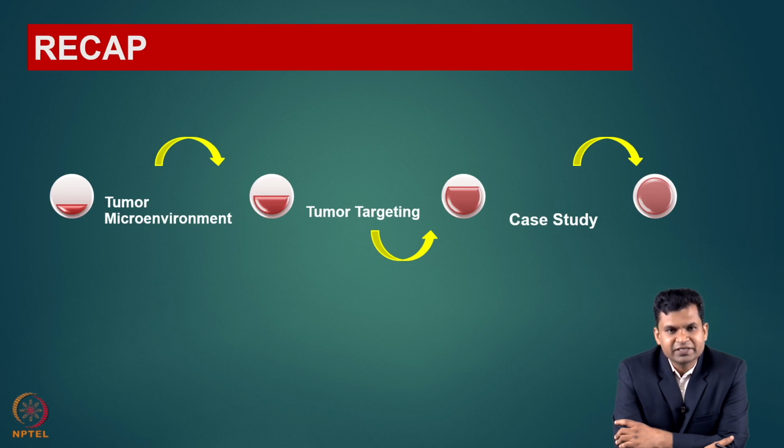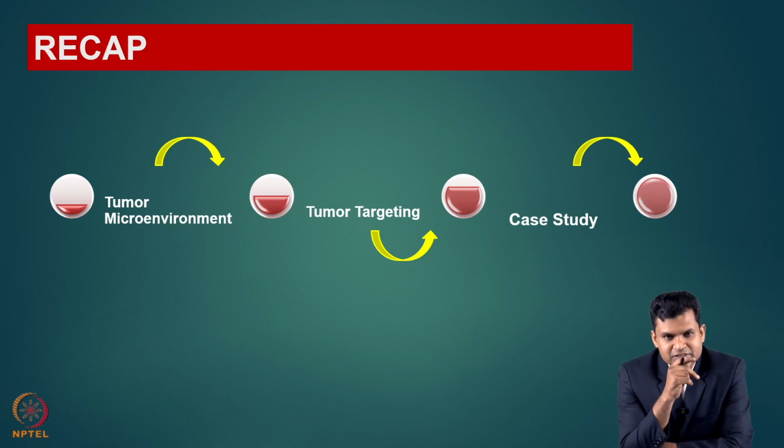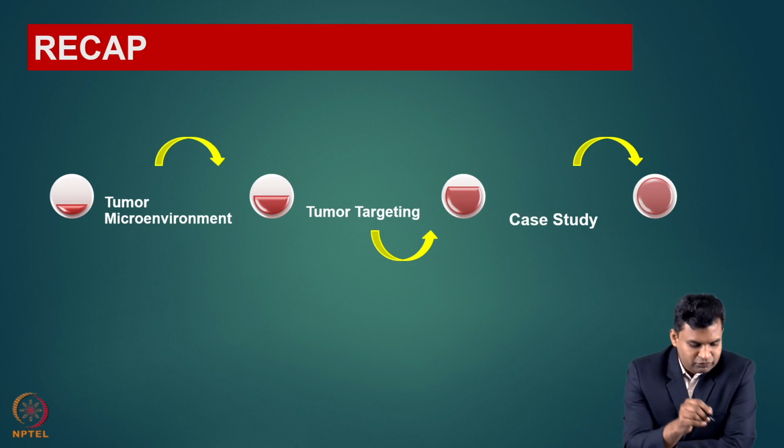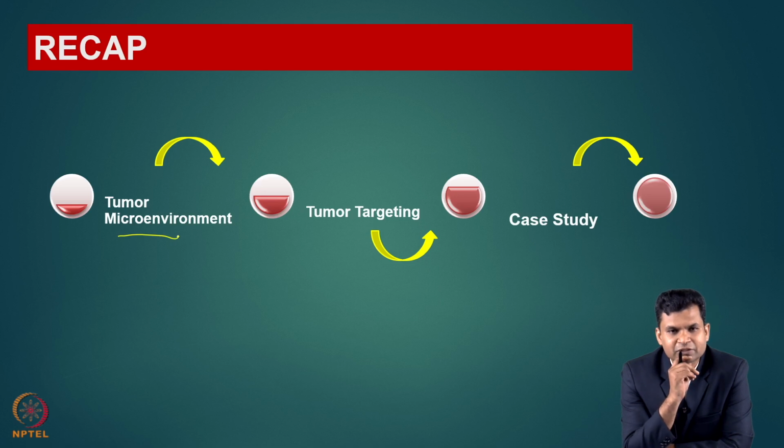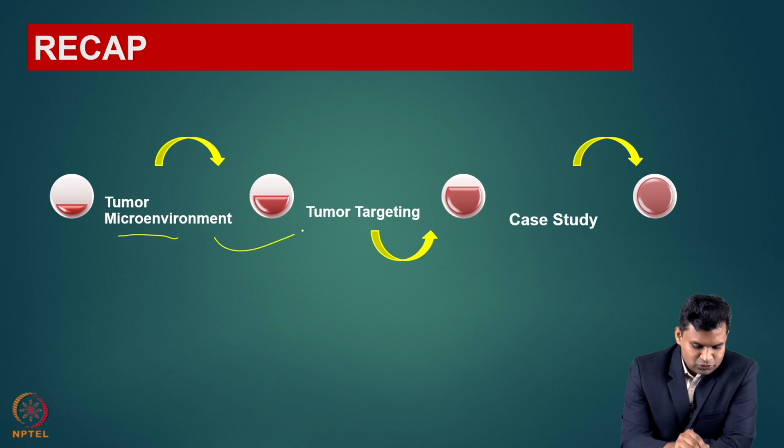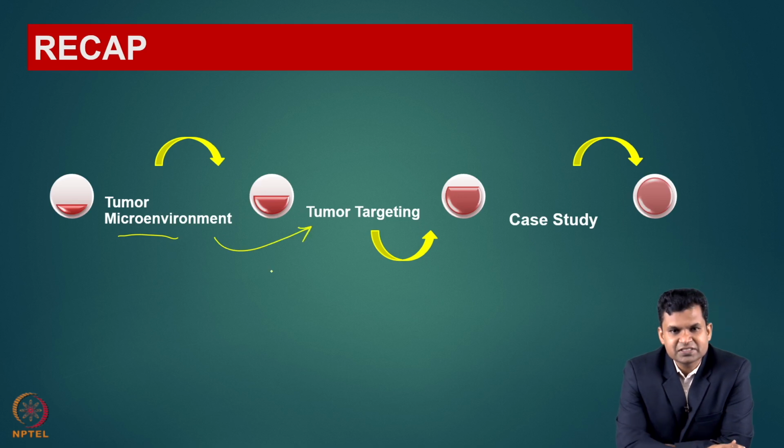In our previous lecture, we also discussed the tumor targeting systems. In that, we discussed what the tumor microenvironment is and what happens in the tumor compared with the normal cells, and with that physiology we can target the tumors by using the tumor microenvironment.